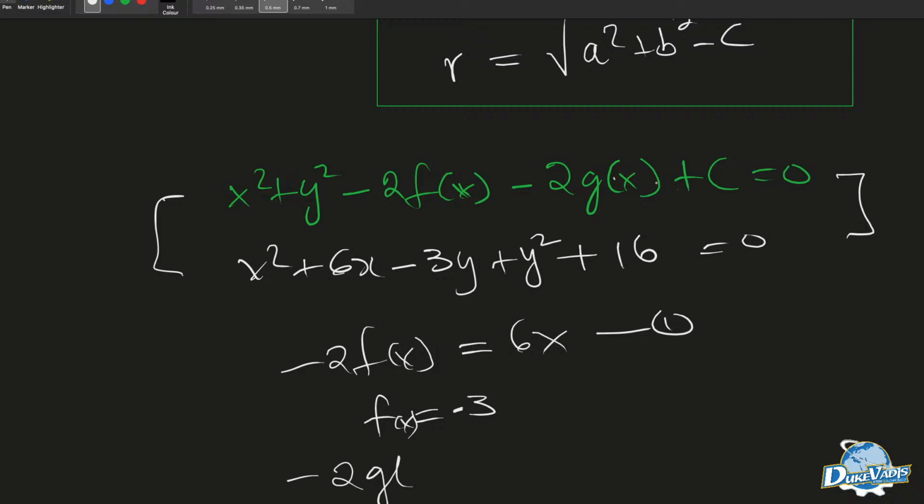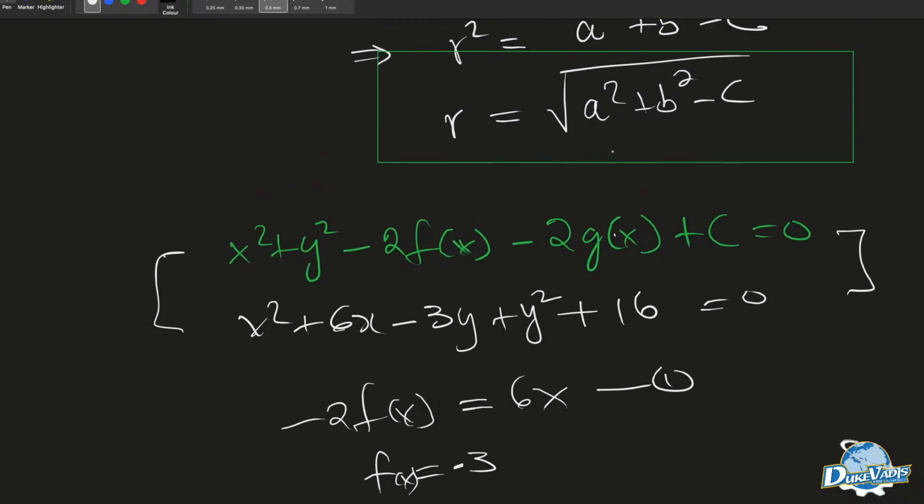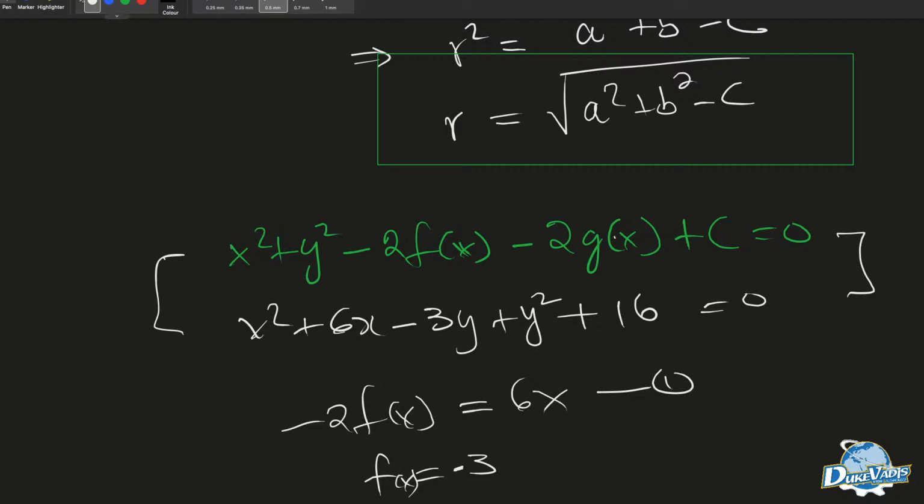Now I take minus 2g of y. Sorry, this is y. I don't know why I wrote x. Value of y, because that's y. Okay, so let's go back.